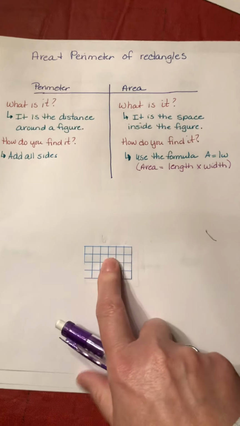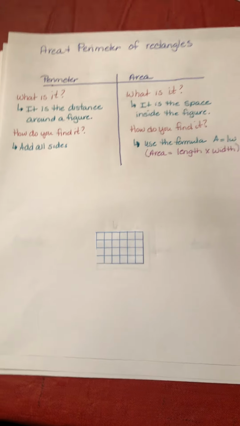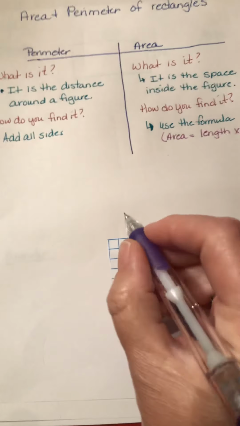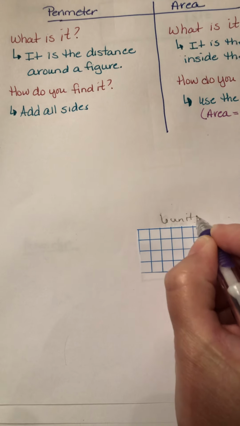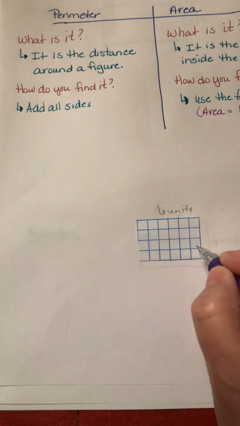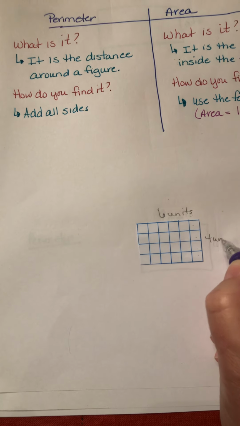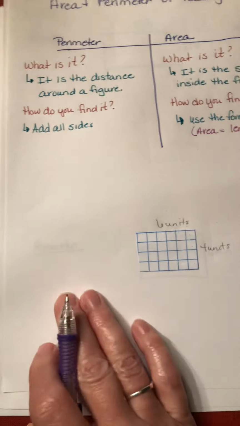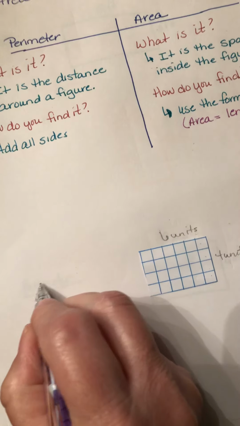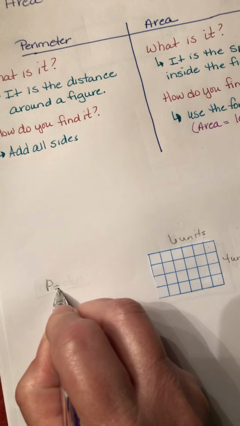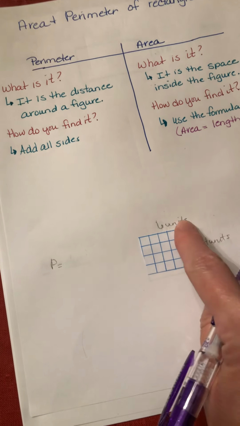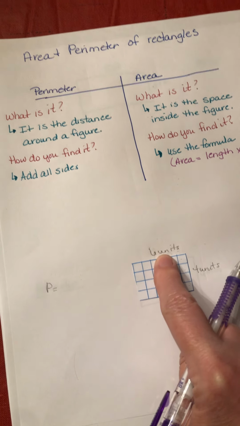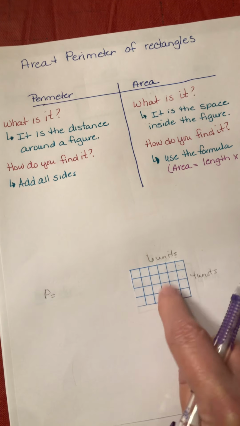Now, as you can see, I have this rectangle array, and you see that here the length is 6 units. The width is 4 units. Now, to find the perimeter, P stands for perimeter, you are going to add these all up. Now, this is only 2 sides, but remember with the rectangle, a rectangle has opposite sides that are congruent.